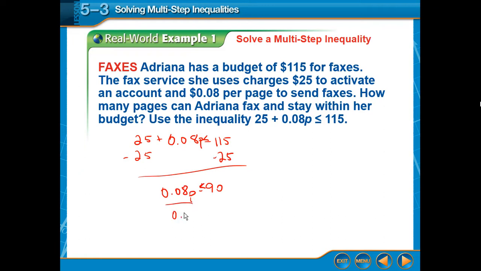I want to divide by 0.08 on both sides. When I do 90 divided by 0.08, I get p is less than or equal to 1,125. So she can send up to 1,125 pages before she goes out of her budget.